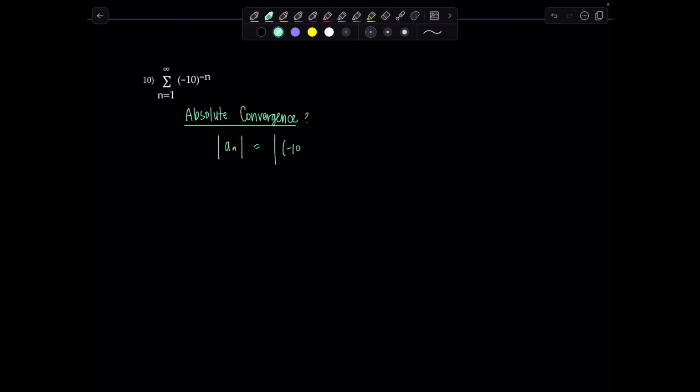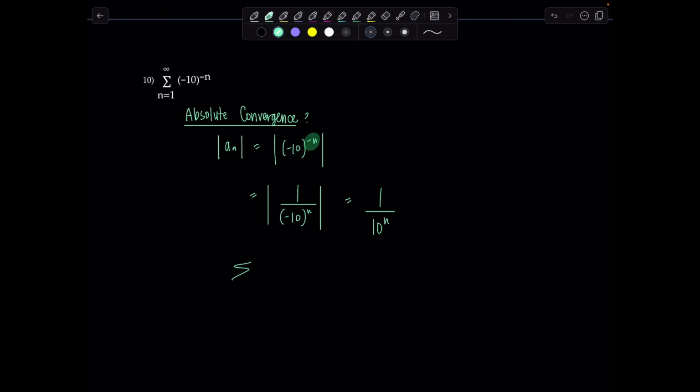Absolute value of negative 10 to the negative n. Now be careful. The negative exponent just means that you rewrite this as 1 over negative 10 to the n. It doesn't go away though. But since I'm taking absolute value, the negative in front of the 10 does go away. So this is just 1 over 10 to the n. That's the absolute value of a sub n.